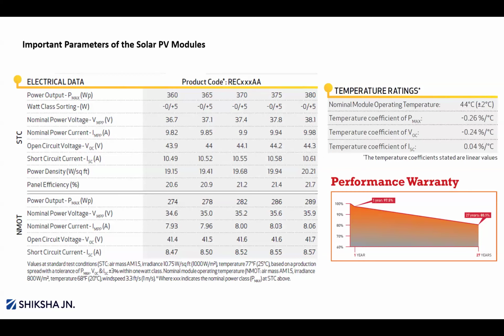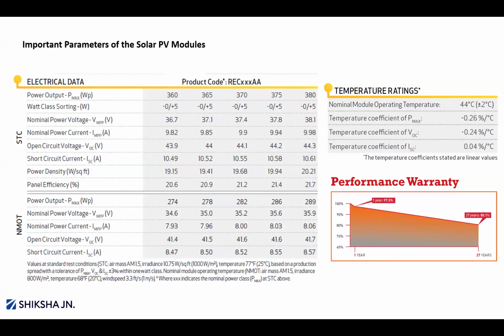For example, if you take 380 watts, 380 into 3.9 percent, it will drop around 14 watts. So 380 minus 14, we can get only 366 watts at 40 degrees temperature.